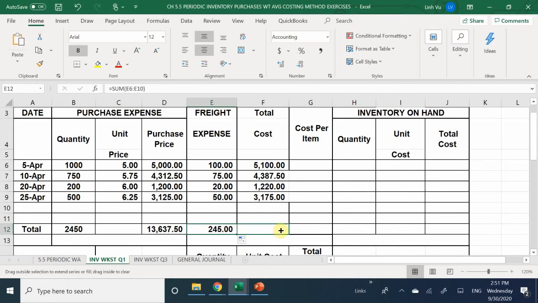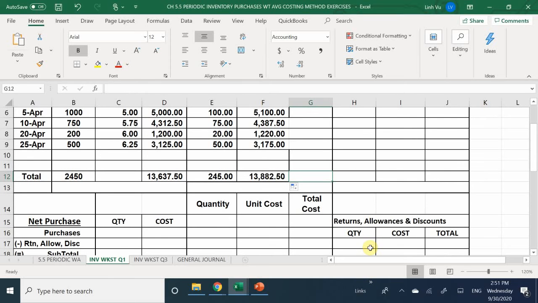Total cost is $13,882.50. We've done this before, but I just want to make sure you understand how to do it. So, how do I solve my average cost per item here?